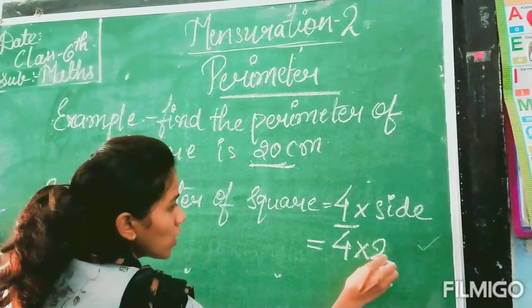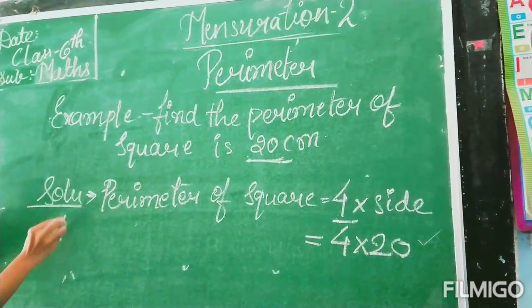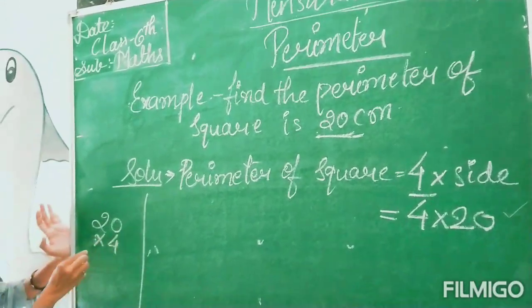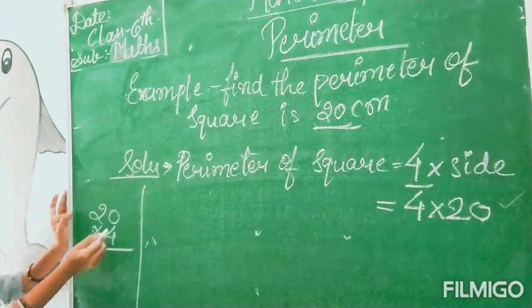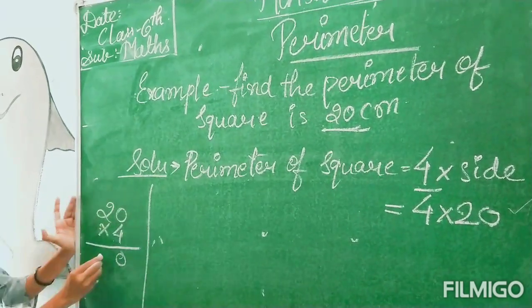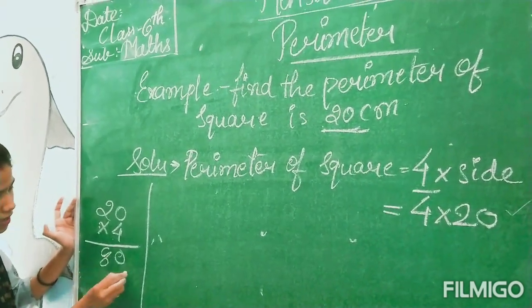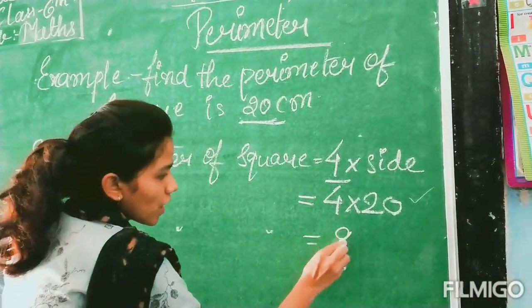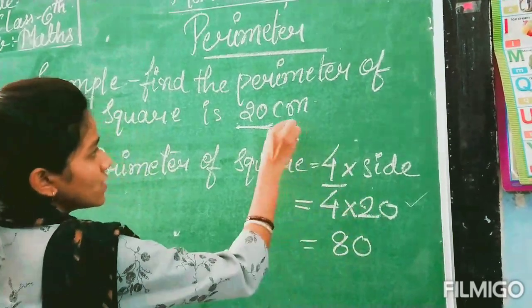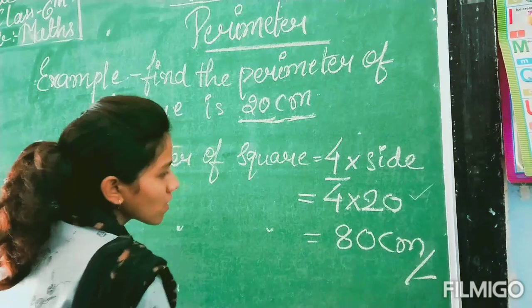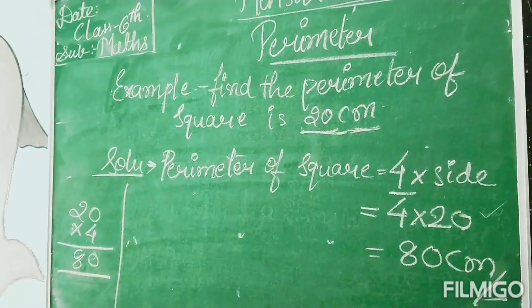Take the rough. 20 into 4, multiply. 4 zeros are 0, 4 twos are 8. What is the answer? 80. What is the unit? Centimeter. It was the perimeter of the square.